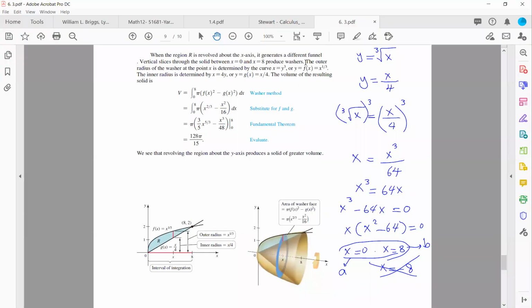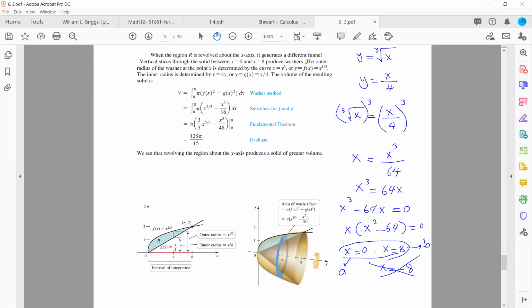Let us follow the formula in the washer method, revolving about the x-axis. So V is equal to the integral, x ranges between 0 and 8, you have pi times upper function squared minus lower function squared.